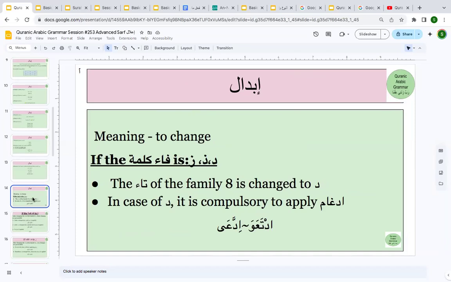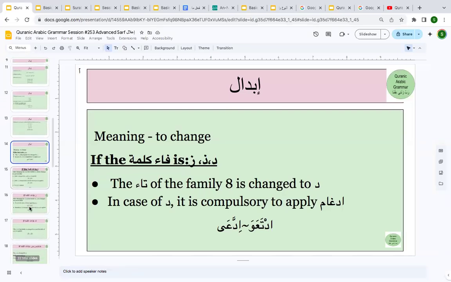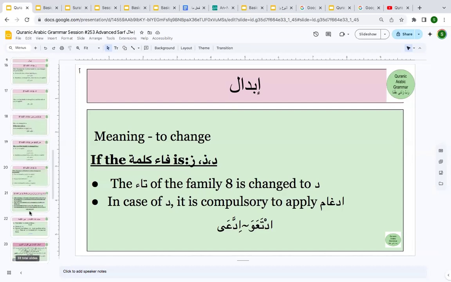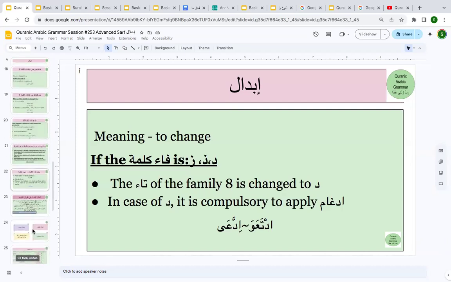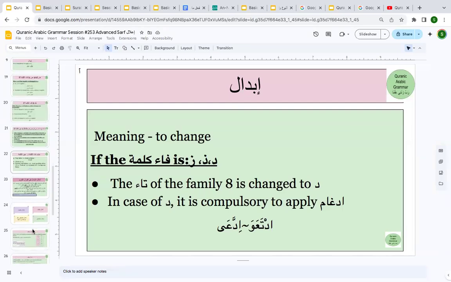And for those of you who have already covered that in sessions 108, 109, and around, in the hundred-range sessions when we were doing the sarf of big families, you must have covered all these slides with me. Since we have already covered that, I'm not going to spend more time on it, but make sure that all the material is in these slides, so that you have complete understanding of what Ibdal and I'lal is.